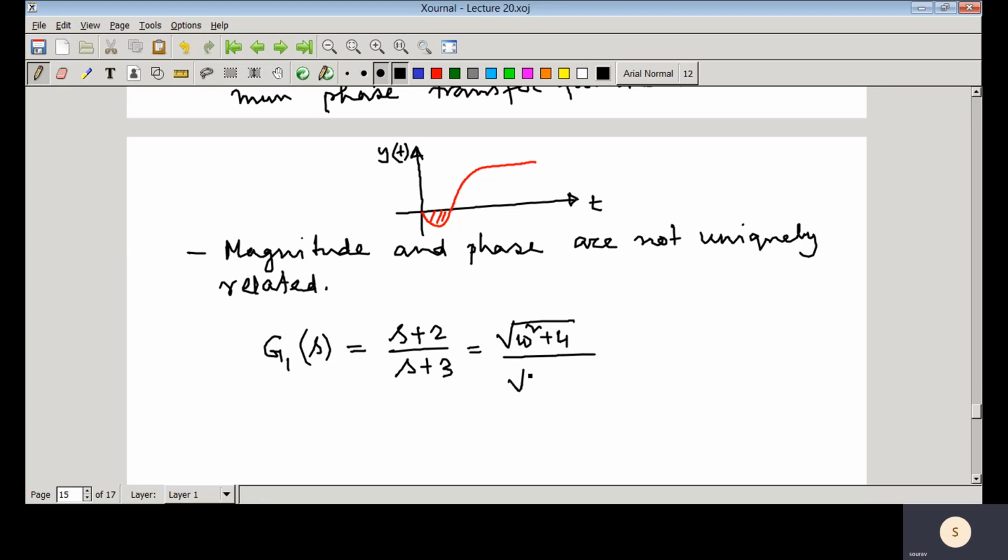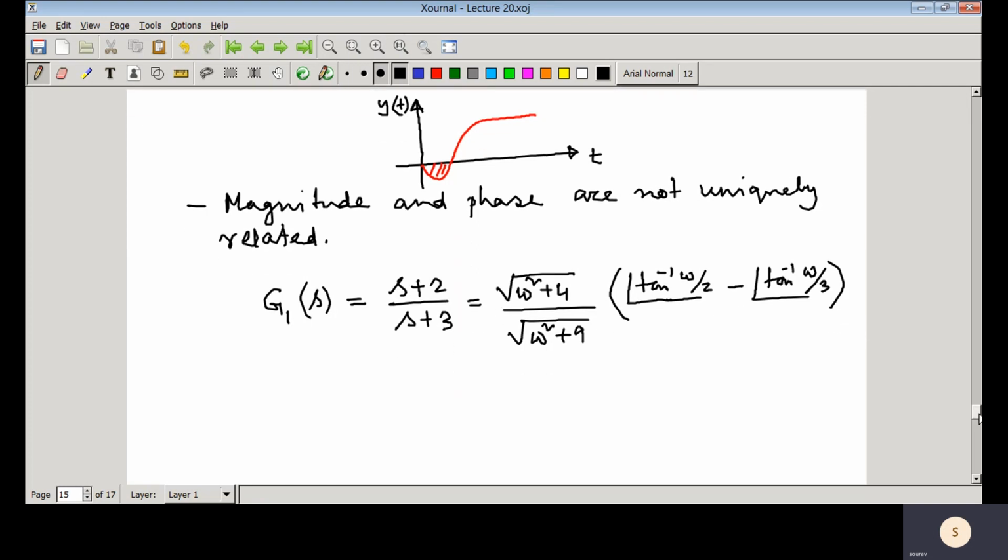That means if you replace s equal to j omega, you get this magnitude. And what would be the angle? It is tan inverse of omega by 2 minus tan inverse of omega by 3. So this is the angle.